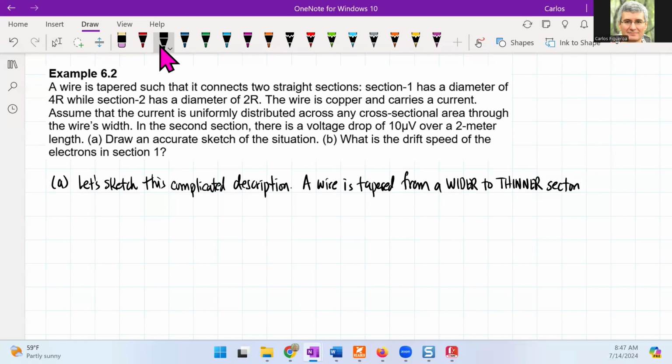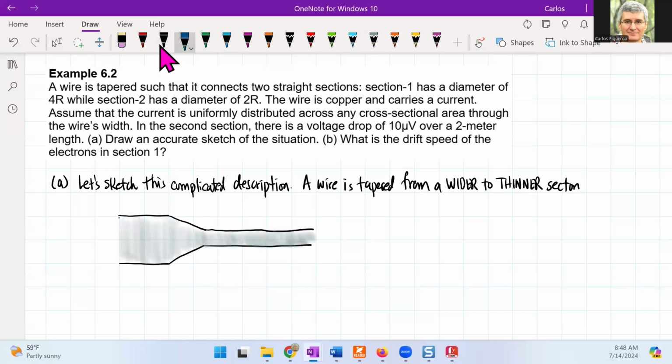So I imagine that I have a thick section. Let's say it's looking about like this, and then it tapers off to half the thing here. So I'm going something like that. So here's my wire. And then I want to put the details into this picture.